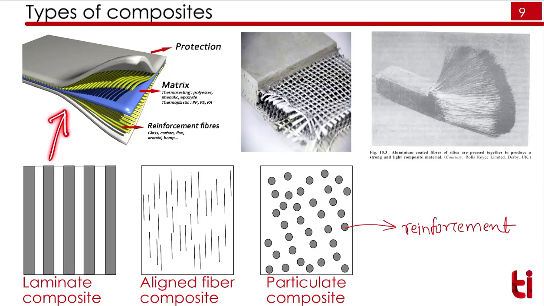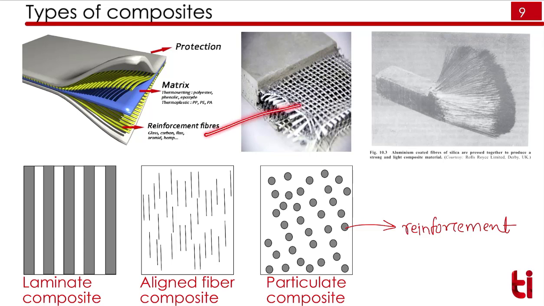This is a typical example of a laminate composite. Here we have a matrix shown in the blue color, and the yellow colors are the reinforcement material.